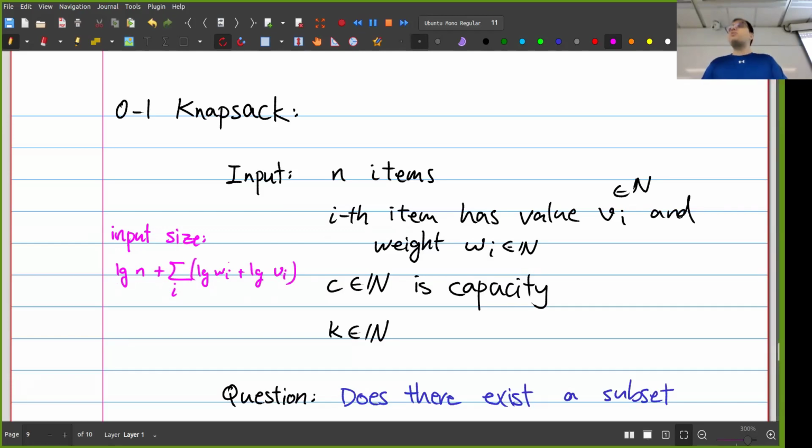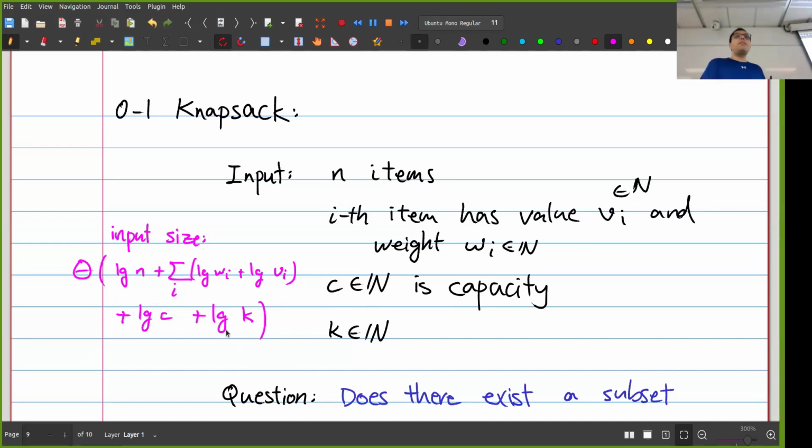Again, you cannot assume that these logs are constants, because I'm not telling you that these values always fit into 32-bit integers. That's not an assumption. These values can be any natural number. And then, of course, I'm writing C and K as part of my input as well. So I will get plus log C plus log K. So this is my input size, theta of this, depending on what alphabet you're using in your Turing machine.